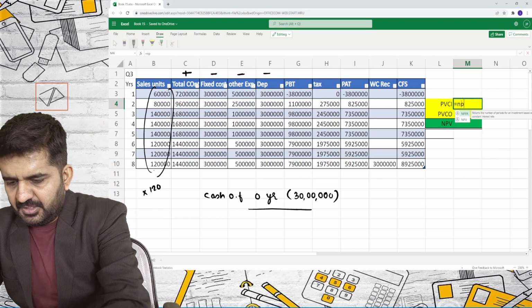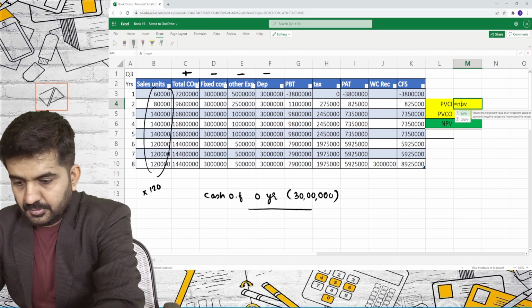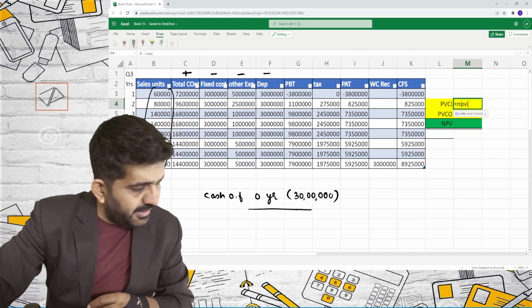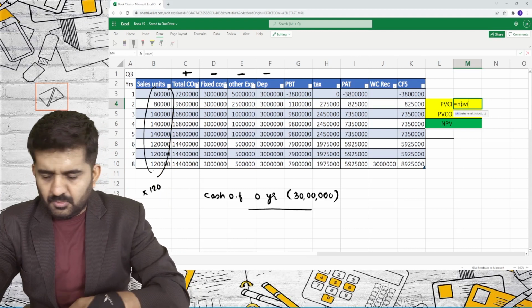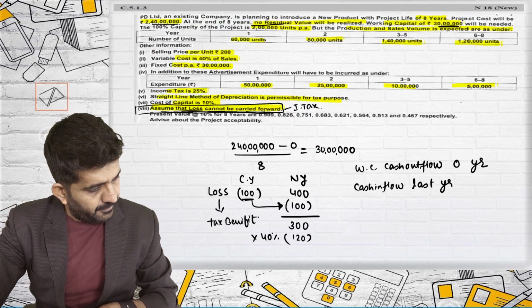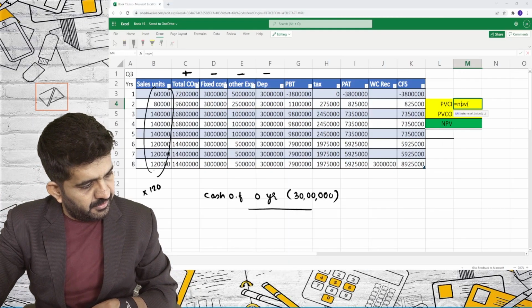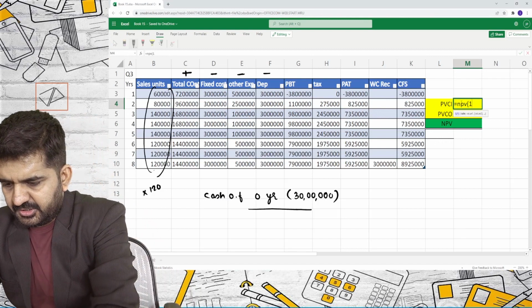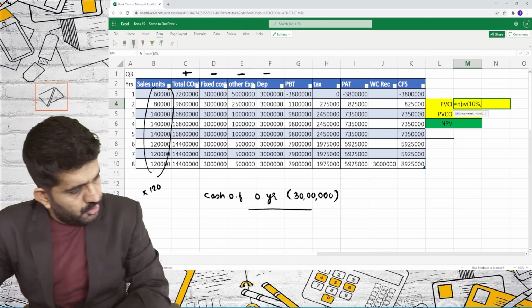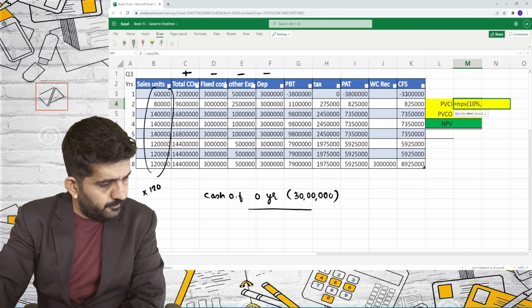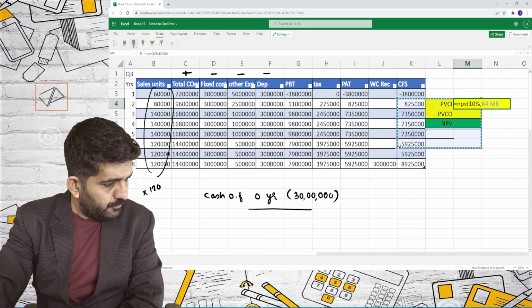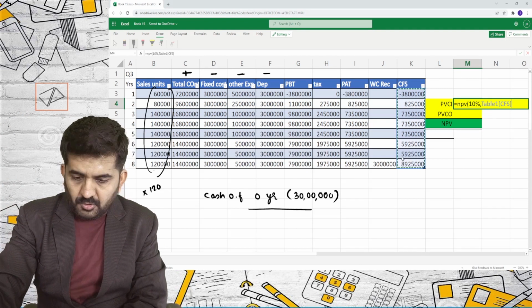It is NPV, in the bracket, the rate is 10%, comma, of all this.